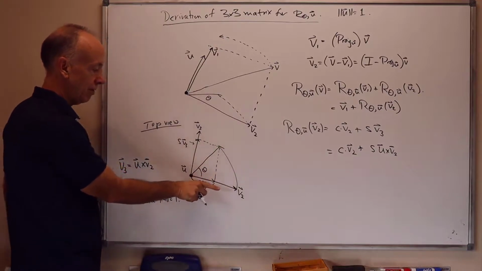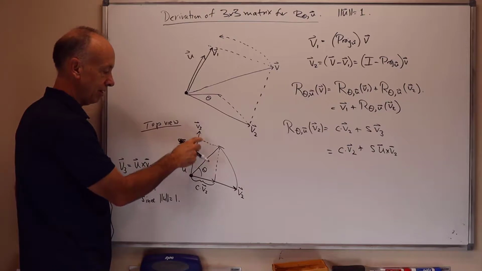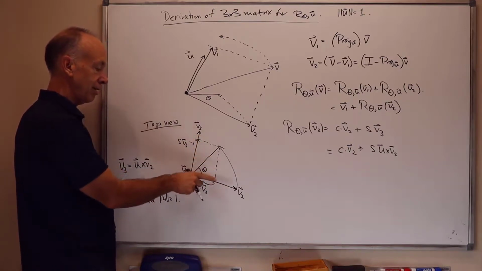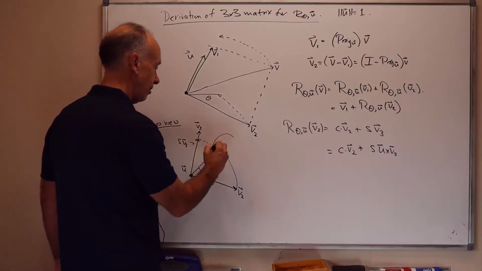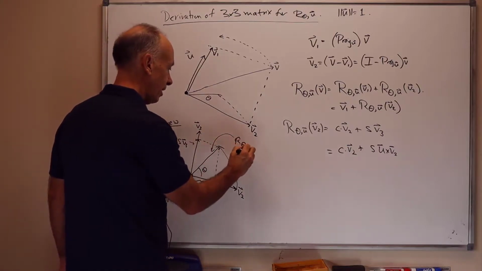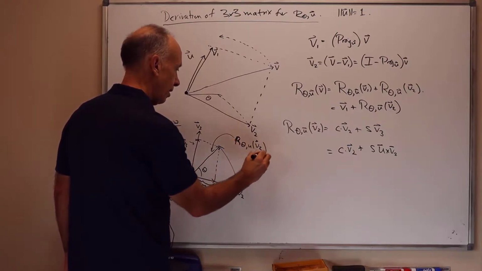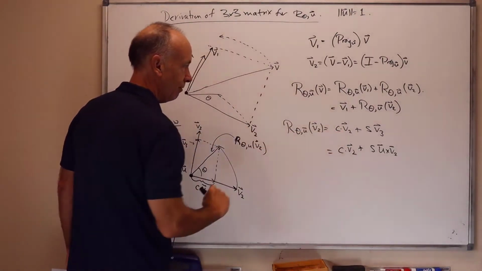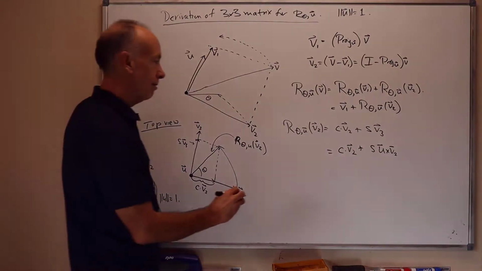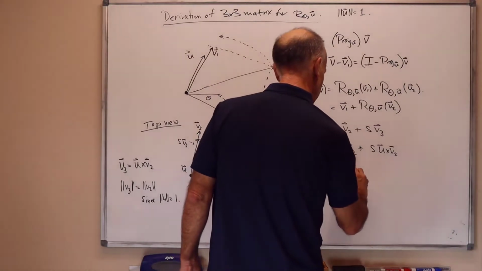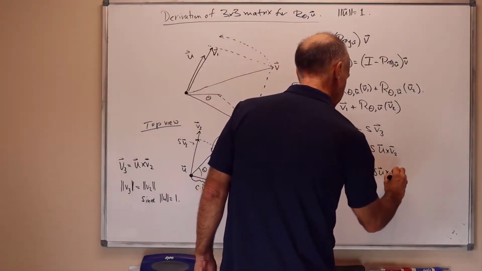We switch to the top view. We get the other perpendicular component that's orthogonal to v2, and we use that with sines and cosines to express the rotated vector here. So this vector here is r theta u of v2. And that's equal to, as I wrote here, c v2 plus s v3. One final simplification we can make is that this is equal to c times v2 plus s times u cross v.